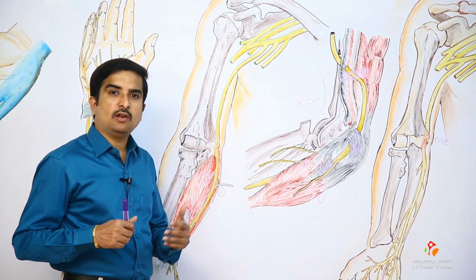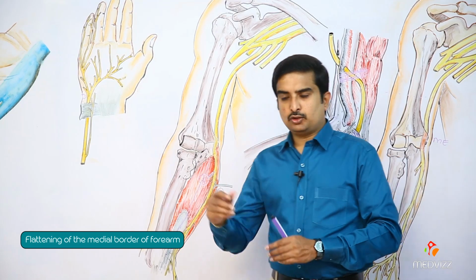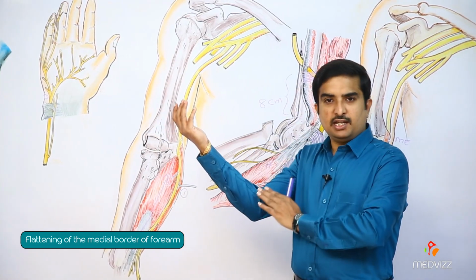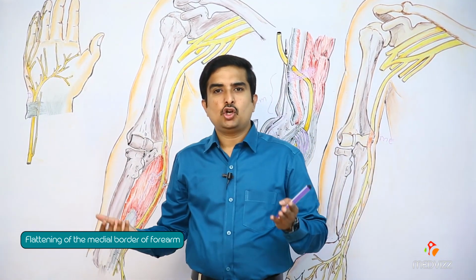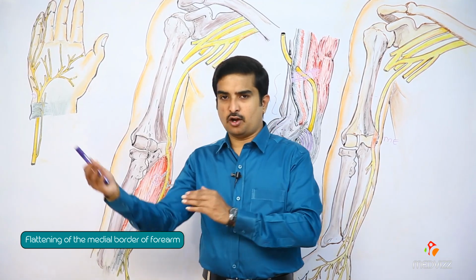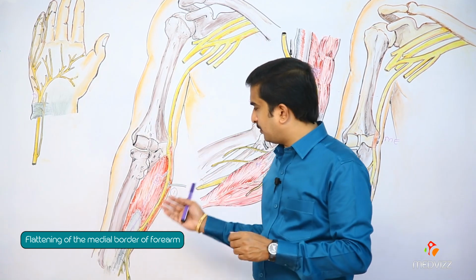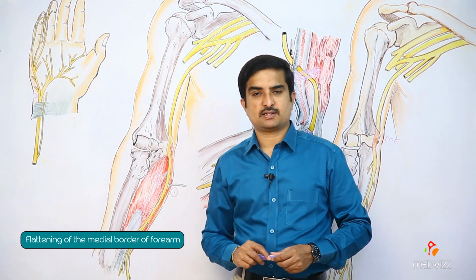Not only that, you will also see flattening of the medial border of the forearm. Why is there flattening? Because the tone of the muscles is lost due to denervation, owing to paralysis of the flexor carpi ulnaris as well as the profundus muscles.